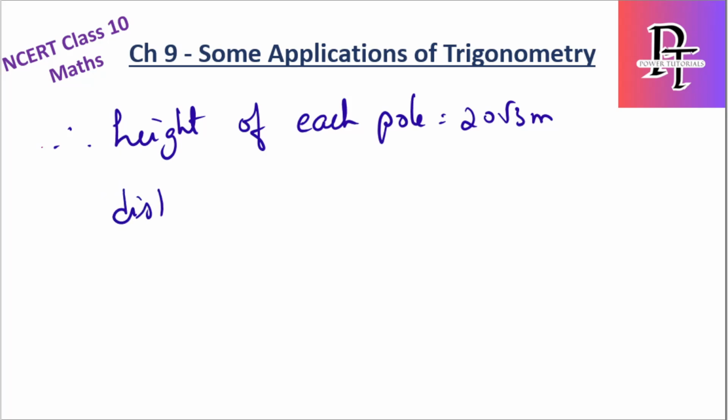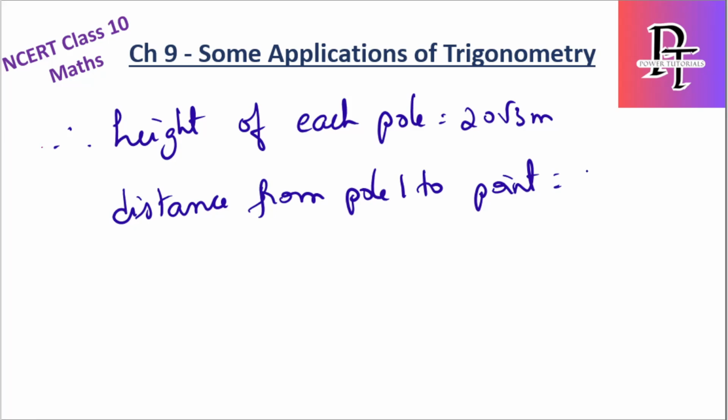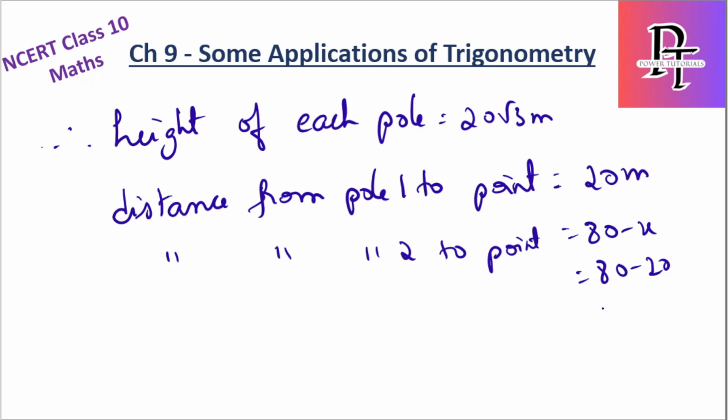The distance from pole 1 to the point is x in our assumption, so x is equal to 20 meters, whereas in the same way the distance from pole 2 to the point will become 80 minus x, which is 80 minus 20, which is 60. Okay, hope all three are solved.